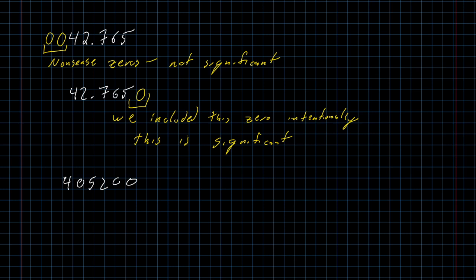Here we get to the kind of weird cases. Now I've gone from a decimal number to a whole number. There's a 0 in the middle of this number. A 0 in the middle of the number is always significant.